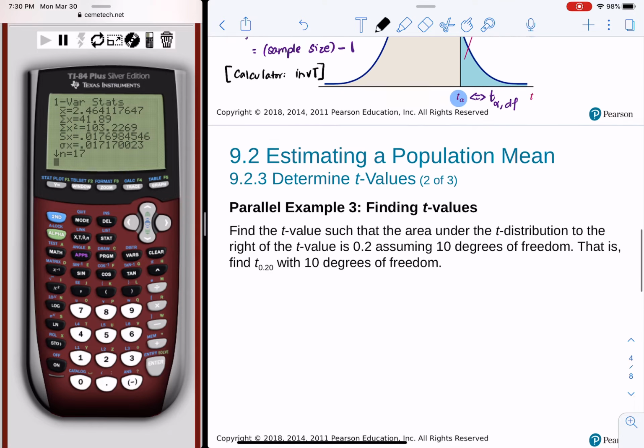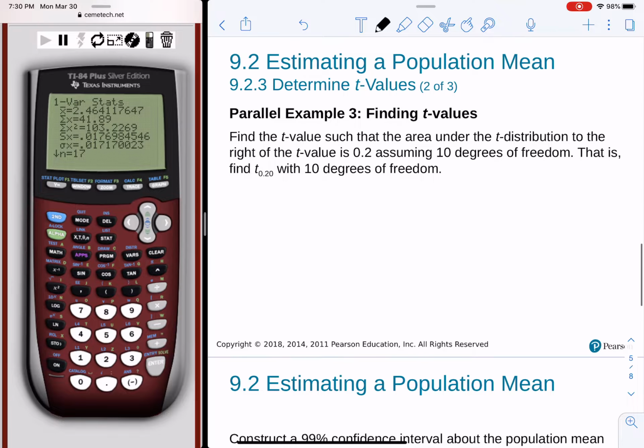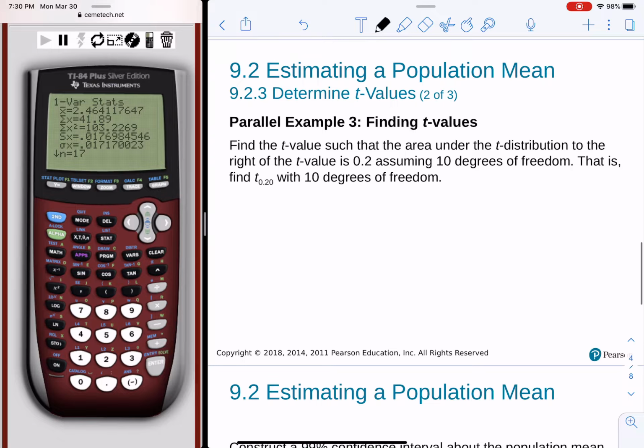So let us see how we can find t-values using the t-distribution. The degrees of freedom has to be given in the problem, or the sample size has to be given in the problem, and if we have those, then we can find the critical values using the t-distribution. So we want to find the t-value under a t-distribution so that the area to the right of the t-value is 0.2.